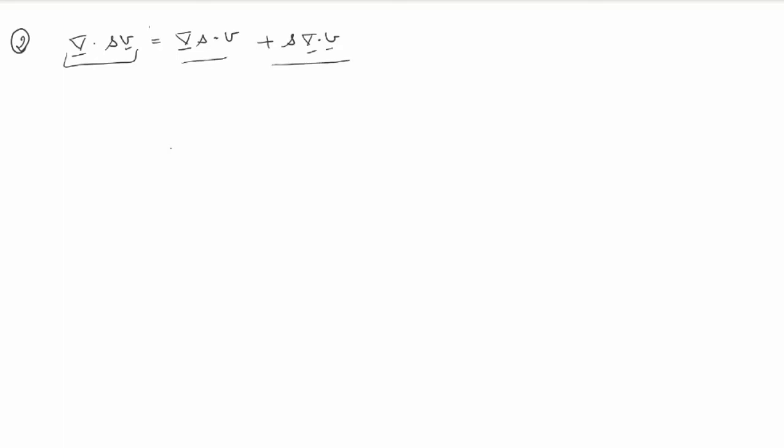So if we write these in terms of Einstein notation, this will become del I dotted with S Vj. This is equal to del K S dotted with VL plus S del M dotted with Vn. Again, I am not using the same index for the vectors that are on both sides of equality. So now what will this be?